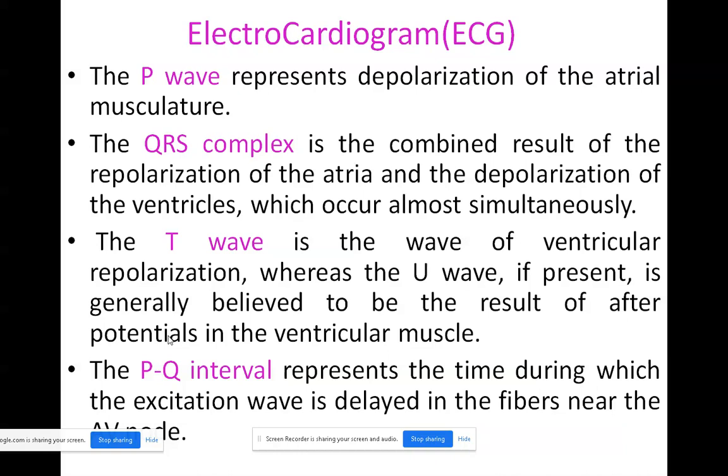So inside the cell you will form a negative polarity, and outside the cell you will form a positive polarity. Depolarization means the opposite of that. That is, your sodium ions will push into the cell, forming a positive polarity inside the cell and a negative polarity outside of the cell. That will be called depolarization. So here the P wave gives the depolarization of the atrial musculature.